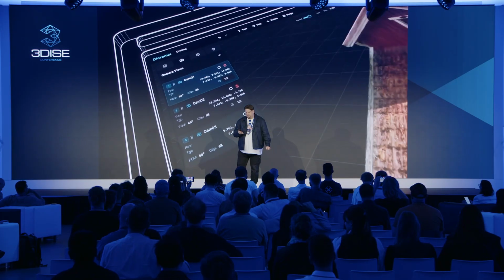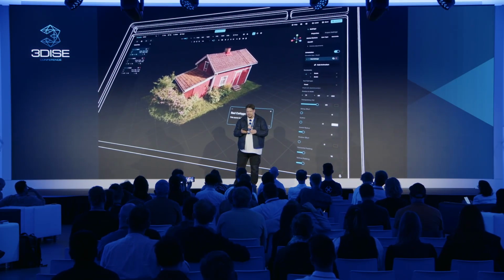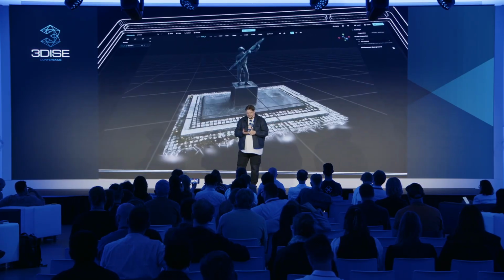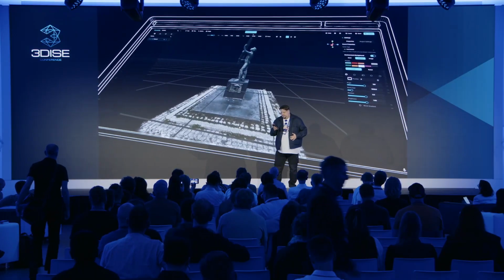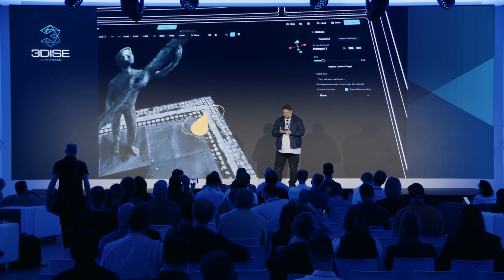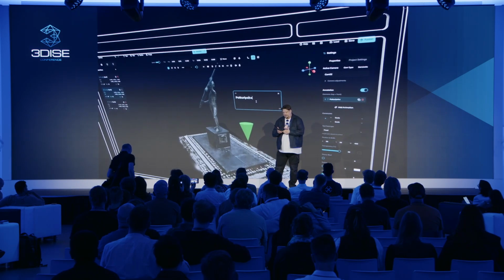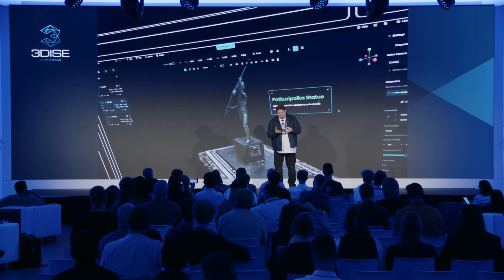So, over the past few years, I've been closely following the development of 3D Gaussian Splatting. And now that this technology has really taken off and we know how to produce these Gaussian models, I think it is time to ask the next question.